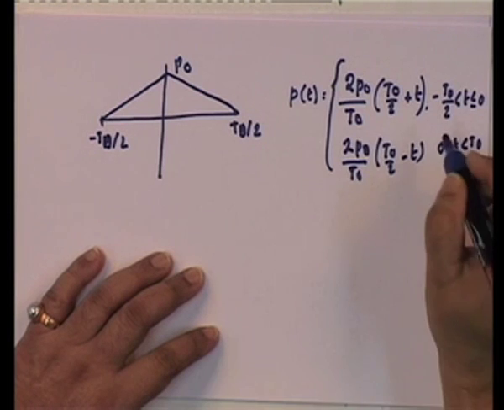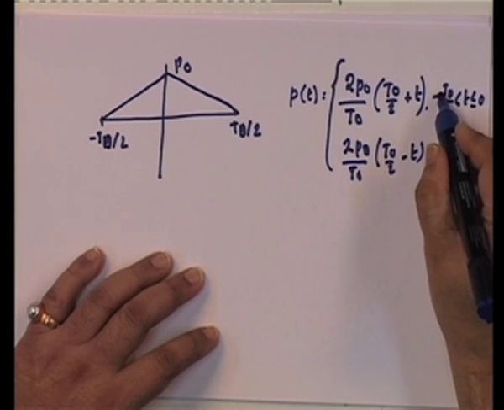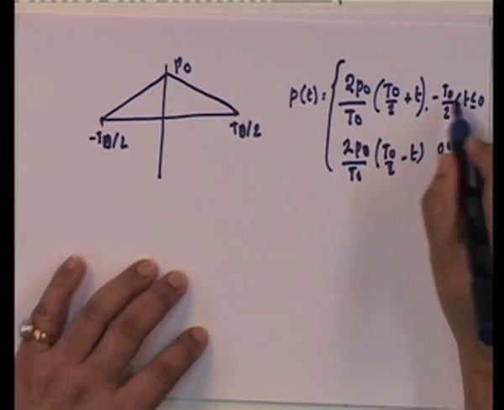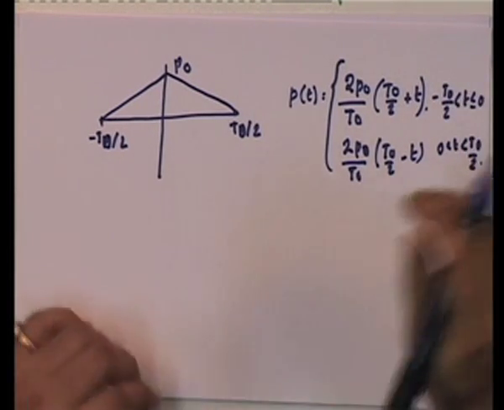Okay? And these are actually, I can look at it as n T naught, minus n T naught to n minus 1 T naught.